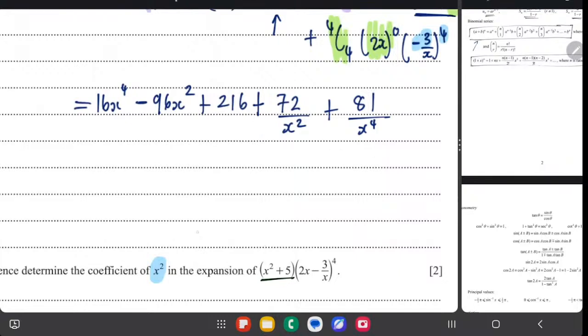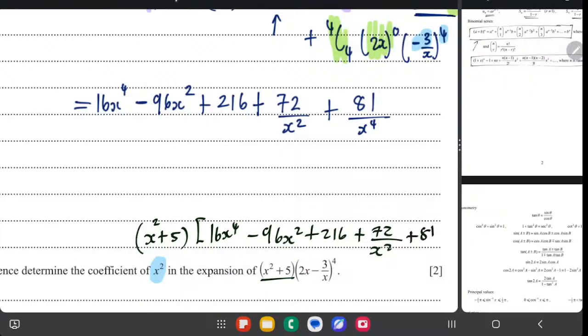So what we have, you can write it with your pencil to say, I actually have x squared plus 5 multiplying this, which means it is multiplying 16x to the 4 minus 96x squared plus 216 plus 72 over x squared plus 81 over x to the 4, right?